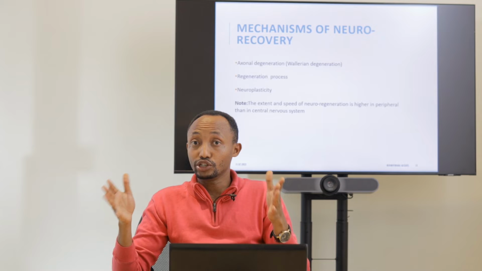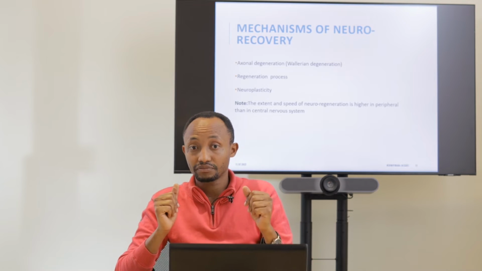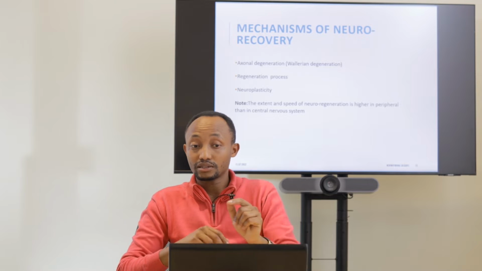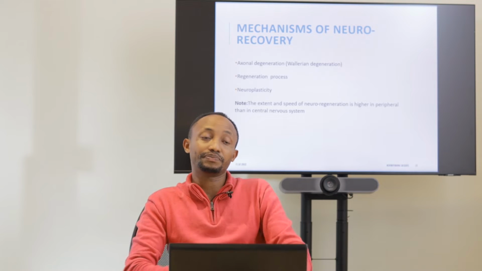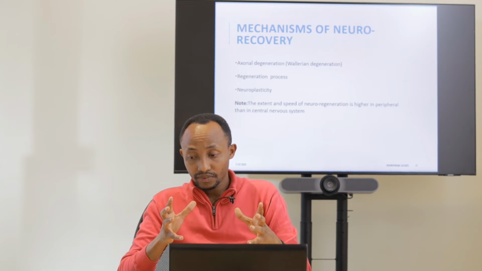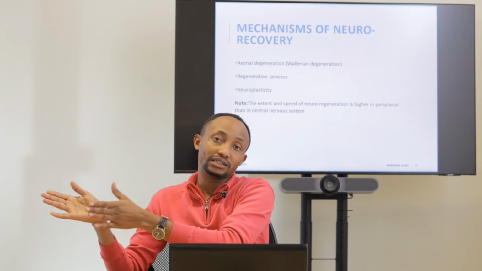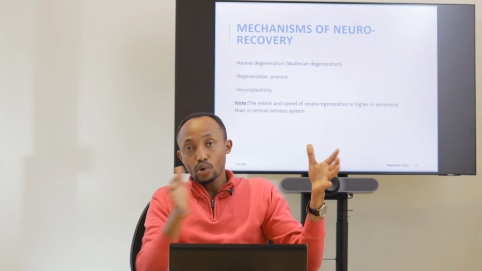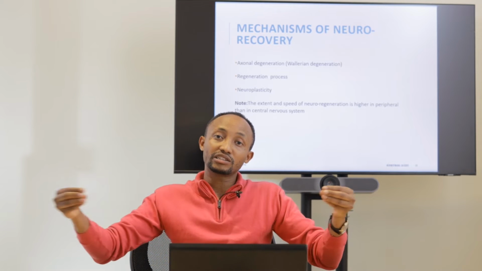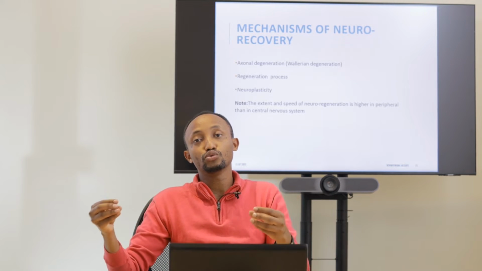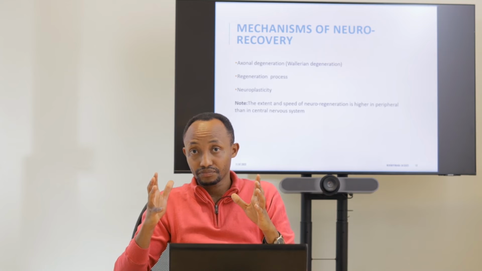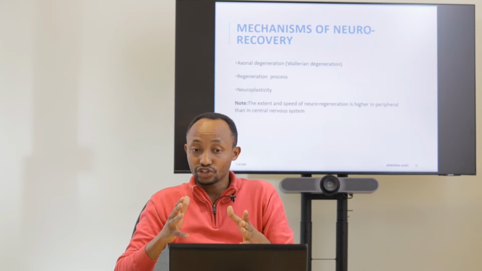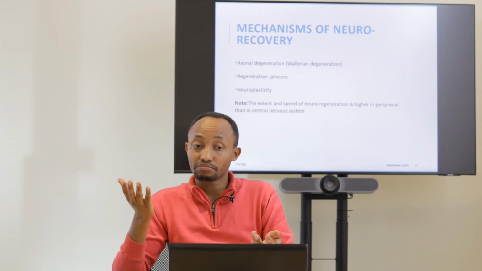That last one, neurotmesis, is the most severe. But in both neurotmesis and axonotmesis, this process occurs. It causes the distal part to disintegrate, and then the proximal part extends itself to grow a new nerve. That's axonal degeneration and regeneration.